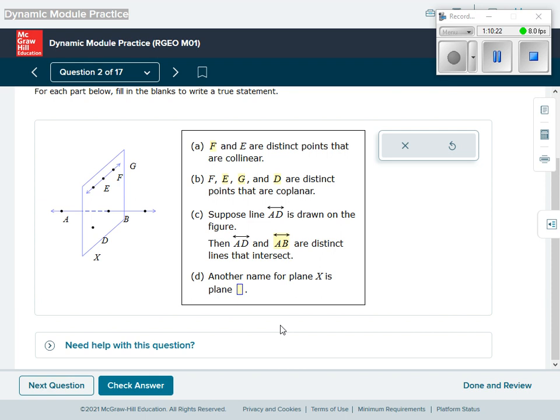They got to be non-collinear. So E, F, those two will work, but we need some other point. What's another point that's on that plane? D, E, F, D. Let's check and see if we're right.